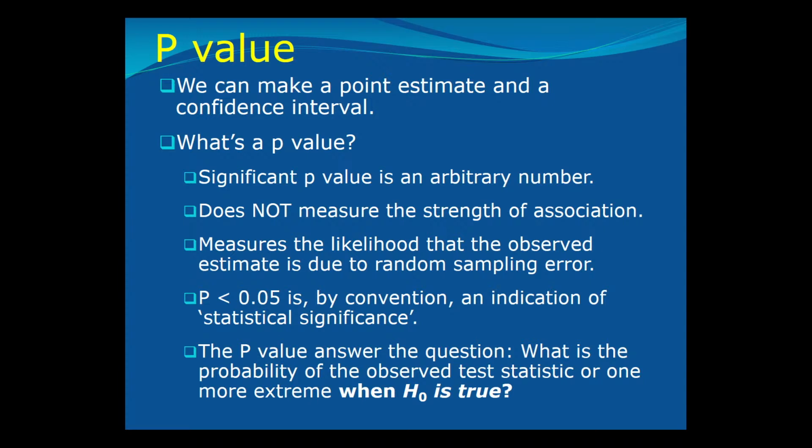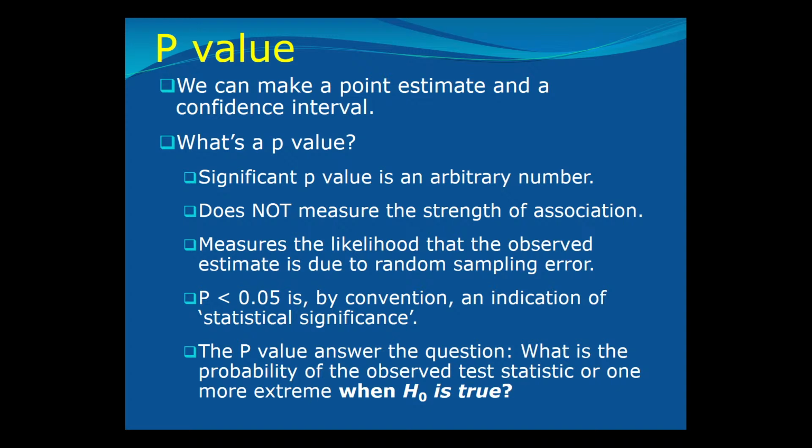Let's talk about p-value. We can make a point estimate and a confidence interval estimate. What is a p-value? P-value is a significance value, and we use it as an arbitrary number. P-value does not measure the strength of association.